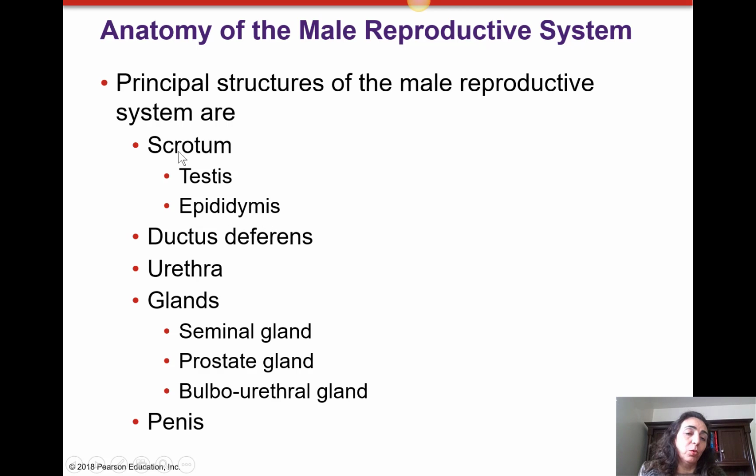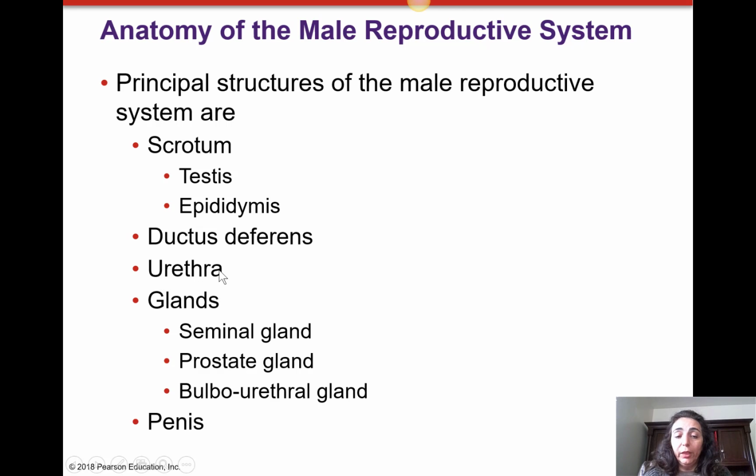Epididymis and testes are both located inside the scrotum. We'll go over all the details about all these organs. Then after the epididymis, we have a duct that continues as the ductus deferens. Sometimes we call it vas deferens, VAS.